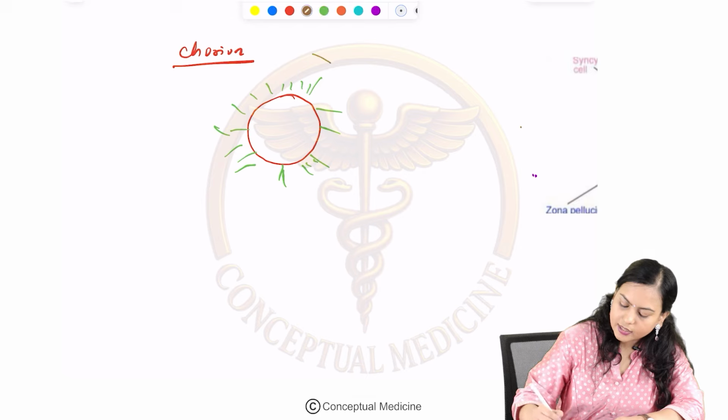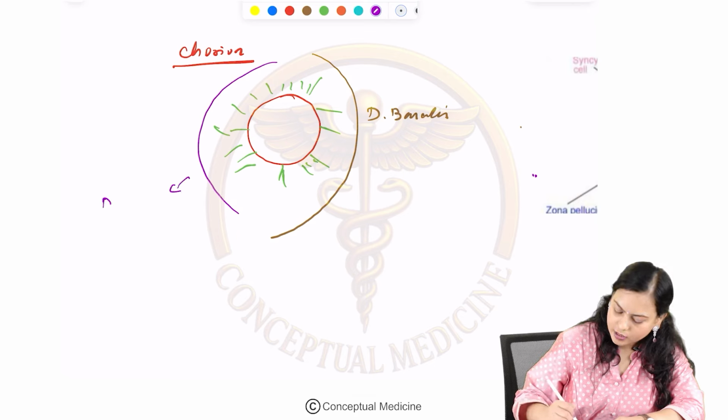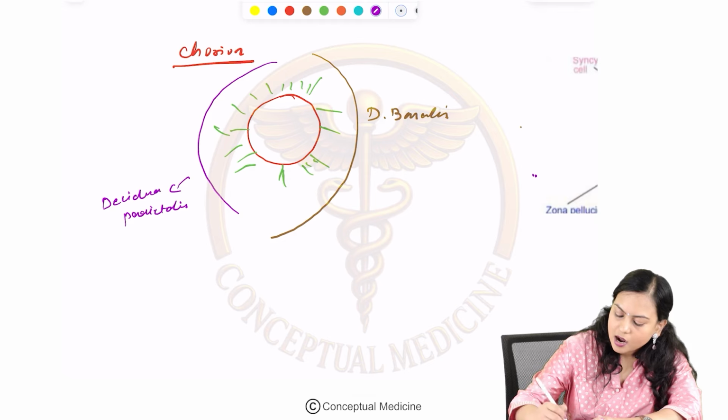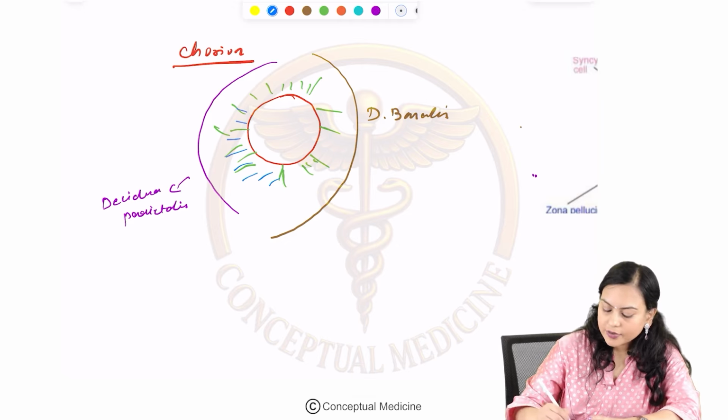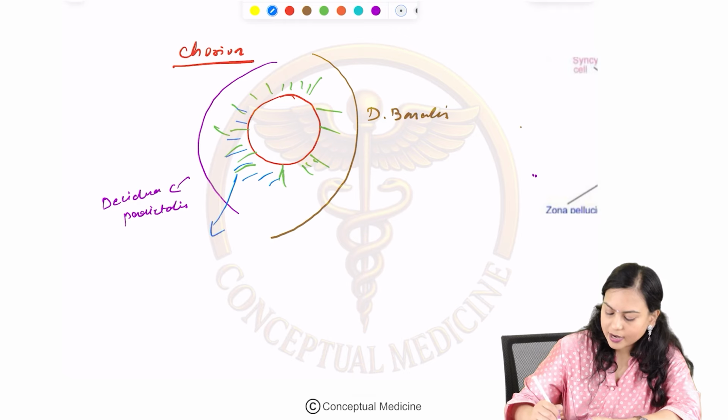And as this is getting implanted, this is the decidua basalis layer. Another surrounding layer around the embryo is the decidua parietalis. So as this is getting formed, the villi that are present nearer to the decidua parietalis will get compressed and this will disappear.